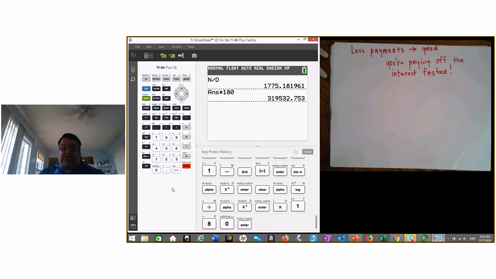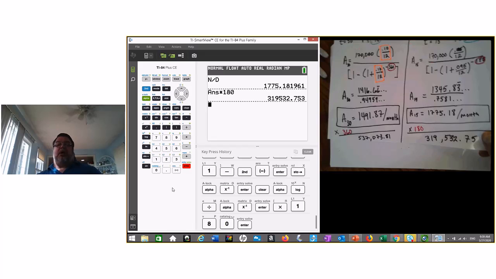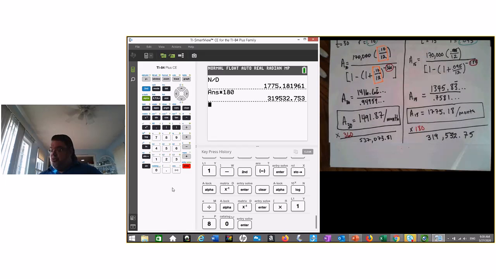Now, I'm going to go back here. What is all this? You just borrowed $170,000. So what is this? And what is this? If you just borrowed $170,000, then what is those two numbers right there? That's interest that you're paying the bank.